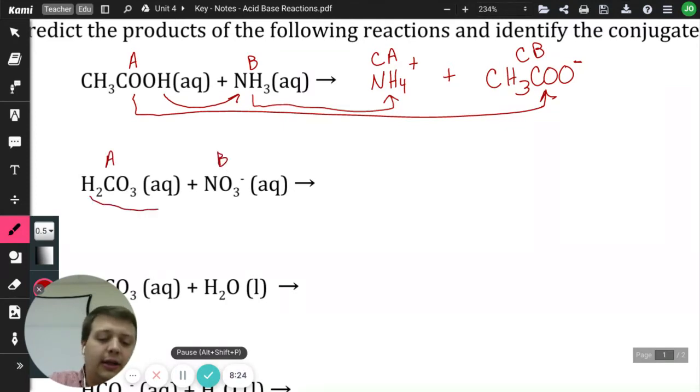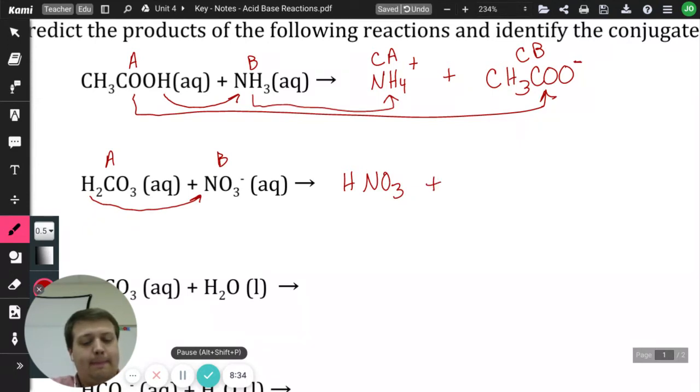So this is going to give away a hydrogen here. So we're going to get HNO3 plus HCO3 minus. Okay, so let's see what happened.